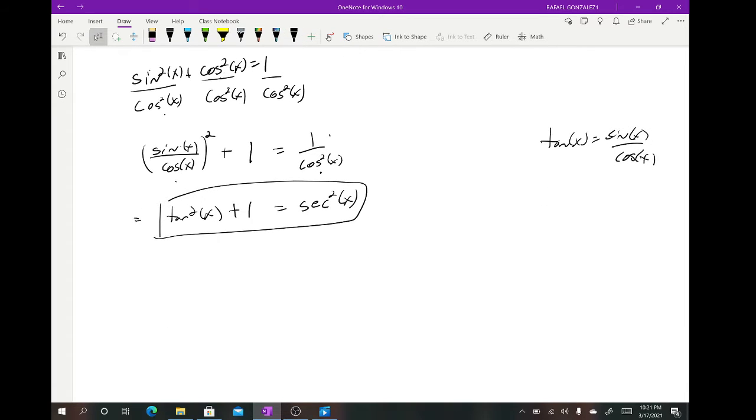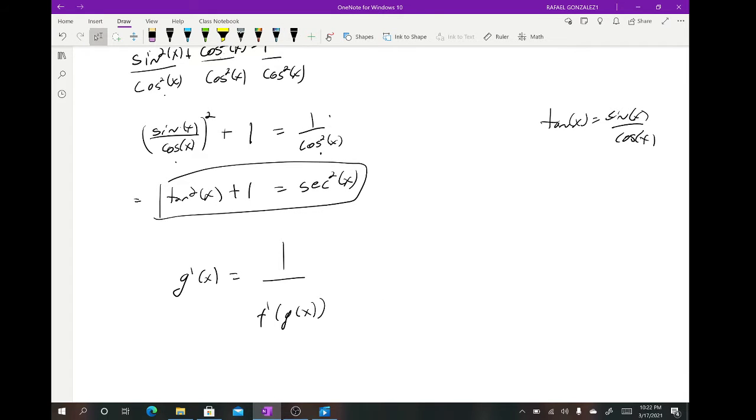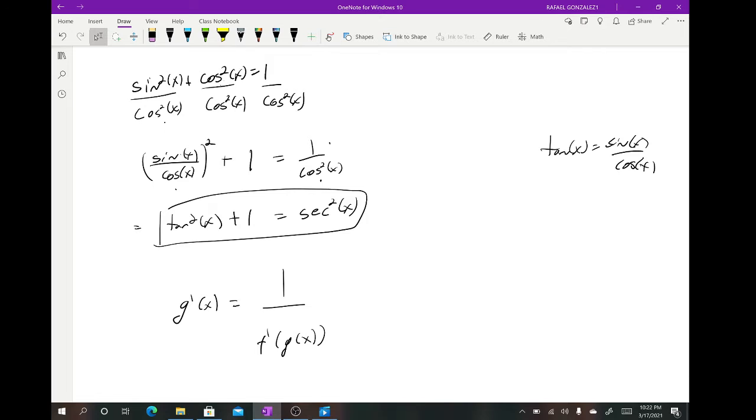Now, remember, our formula for the inverse function is g prime of x is equal to 1 over f prime evaluated at g of x. This is going to be important because sometimes I don't want to use the given.